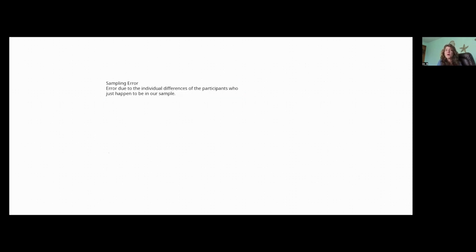So as you probably recall, the sampling distribution of the means is a way for us to go about getting a sense of how much sampling error there is in our mean, right?